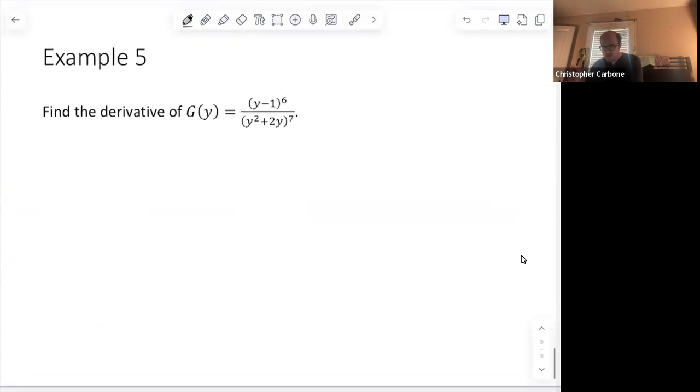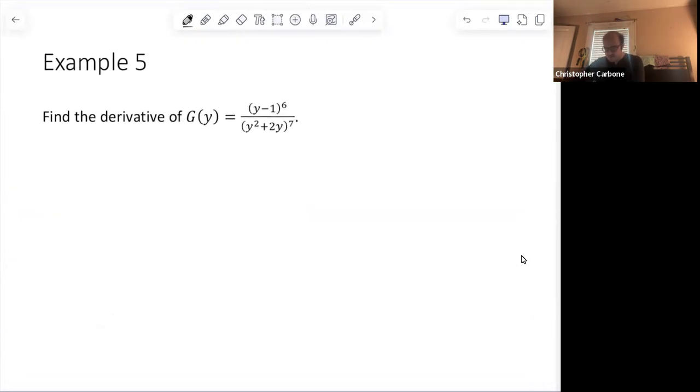We could also use this with division. G of y is equal to (y minus 1) to the 6th power in the numerator. The denominator is (y squared plus 2y) to the 7th power. So this one functions in the same idea as the last one, where I'm not going to simplify this too much.